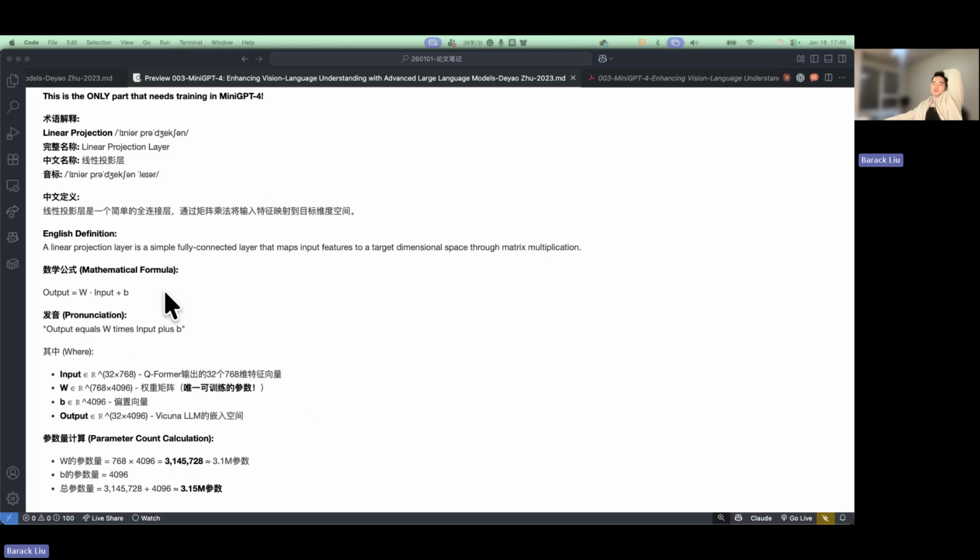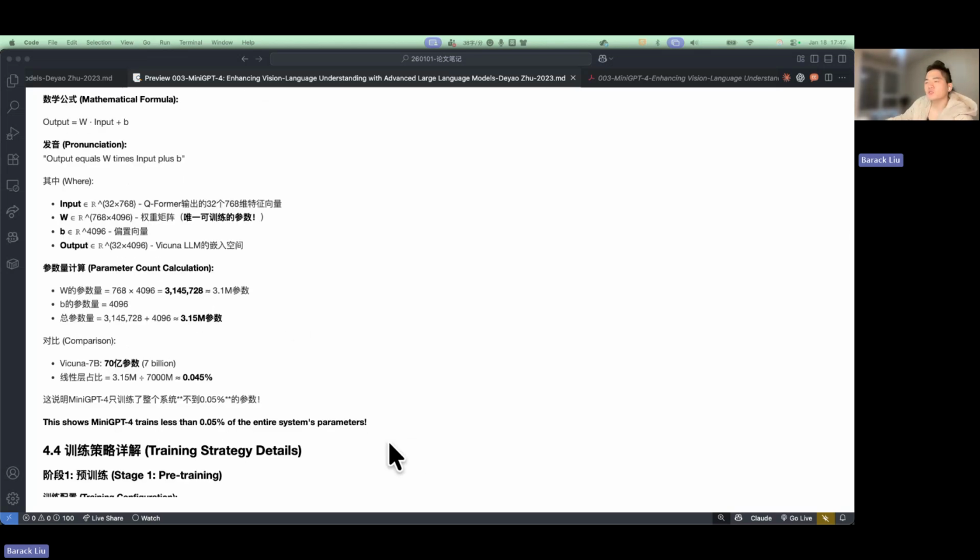Output equals W times input plus B. This shows MiniGPT-4 trains less than 0.5% of the entire system's parameters.